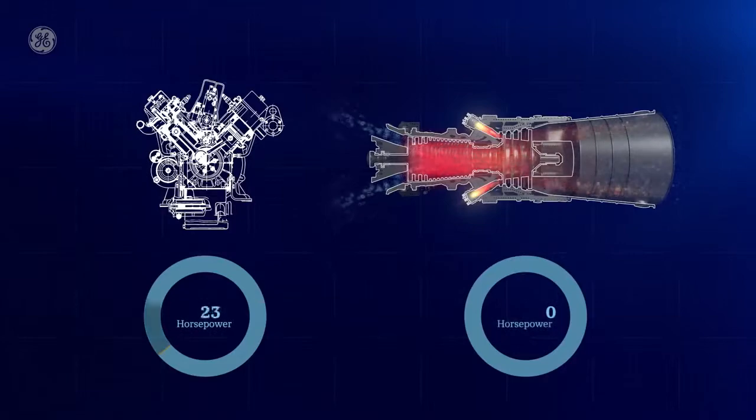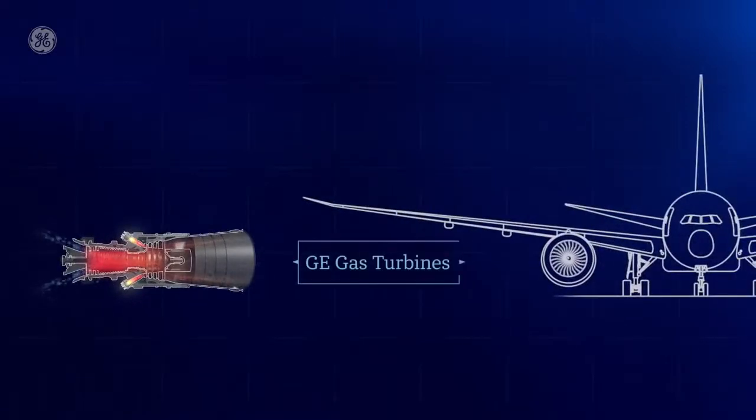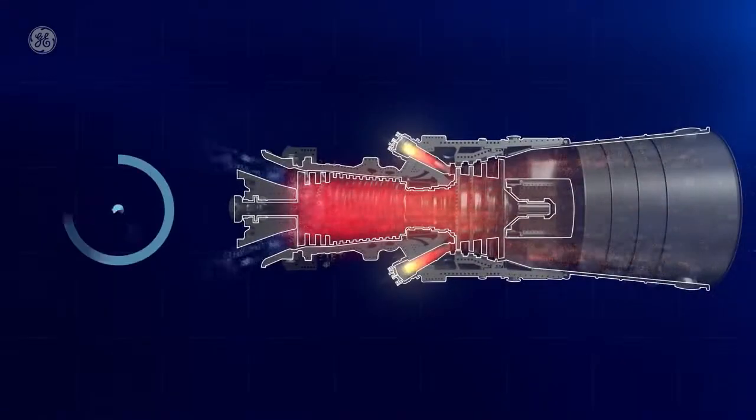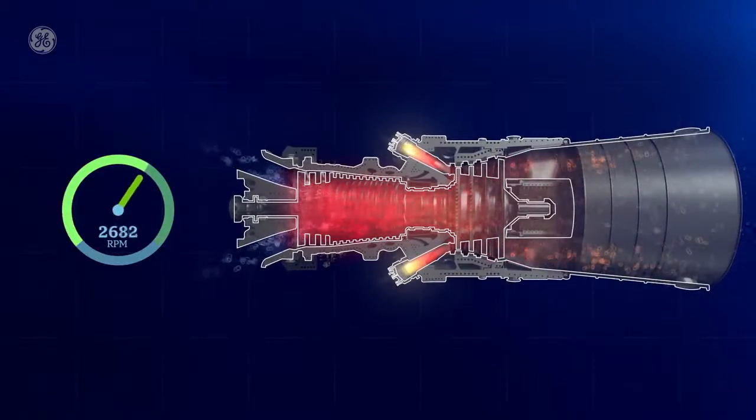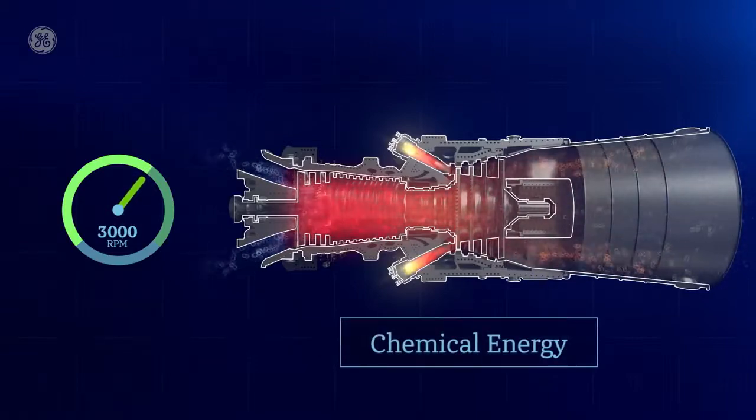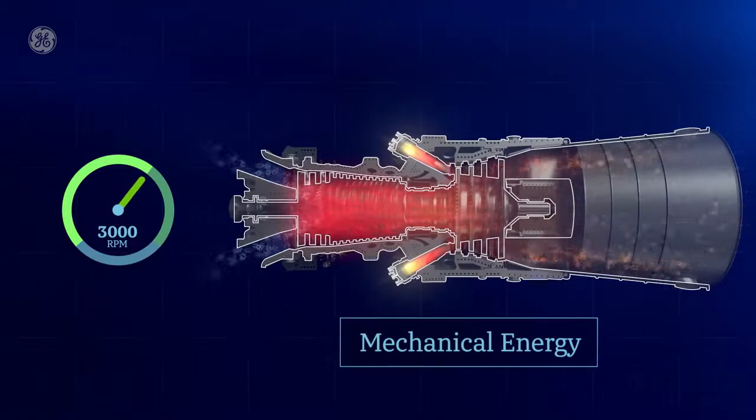And the horsepower to operate the gas turbine also increases, and it is usually used in the aeroplane. And as it goes, the speed is also increased to 3000 rpm, which is revolutions per minute. Actually the chemical energy will be converted into mechanical energy.